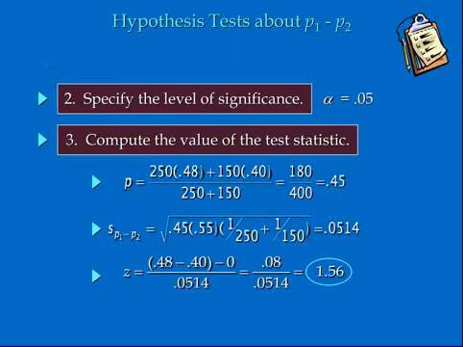So level of significance, alpha equals 5%. Now, this is where we are going to compute the test statistic. Now, I have it done here, but I'll actually do a much simpler format here. Overall, the pooled proportion is as follows.